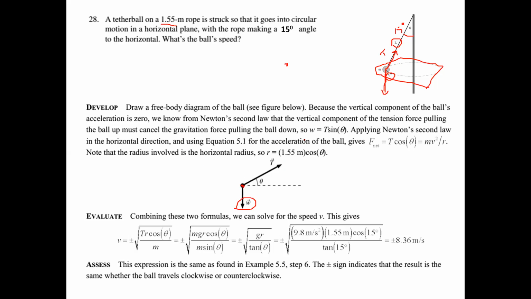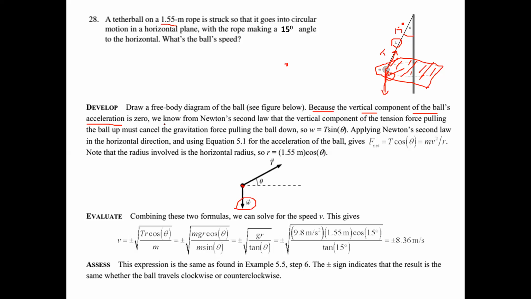And then the vertical component of the ball's acceleration is 0. Why? Because, as I showed here, there is no motion along the z direction.